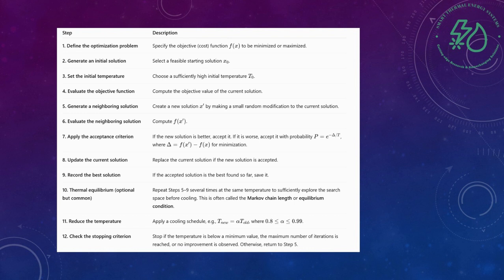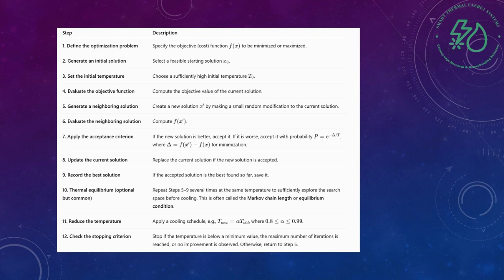We should notice that a high temperature allows the algorithm to explore the search space and accept worse solutions more easily. Then we have step 4. In this step, we evaluate the objective function.